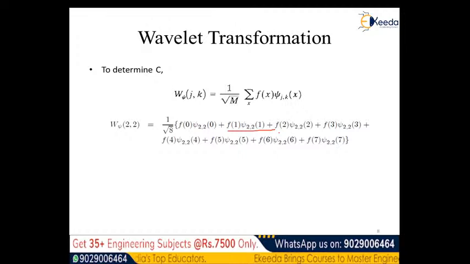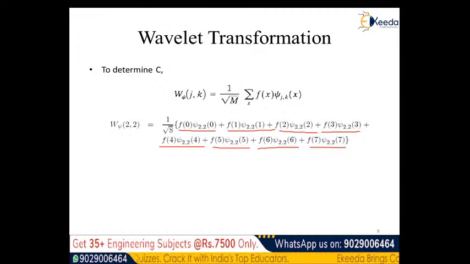In a similar way we have f of 2 into psi of 2, f of 3 into psi of 3, f of 4 psi of 4, f of 5 psi of 5, f of 6 psi of 6, f of 7 psi of 7. So the 8 combinations are the 8 terms inside the bracket, all multiplied by 1 upon under root 8.